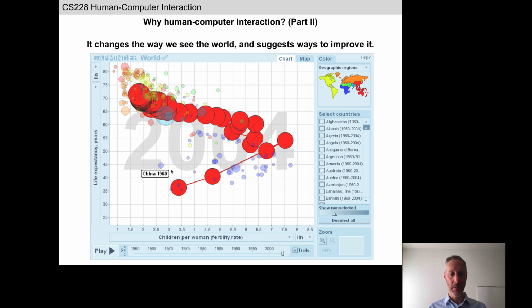You can see that there was a particular pattern occurring in China in 1960, 61, 62, 63, which is an increase in fertility rate. Women were having more children per woman. Life expectancy was increasing. And then there was a sudden reversal. Fertility rate started to drop and has continued to drop up to 2004.